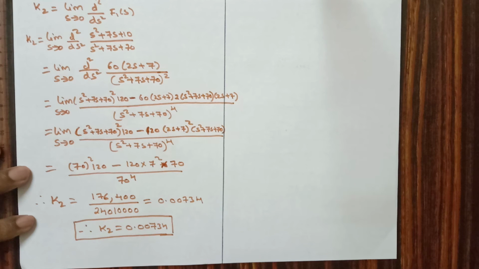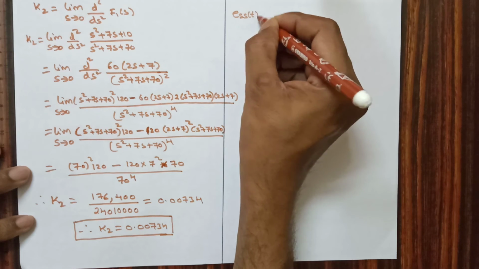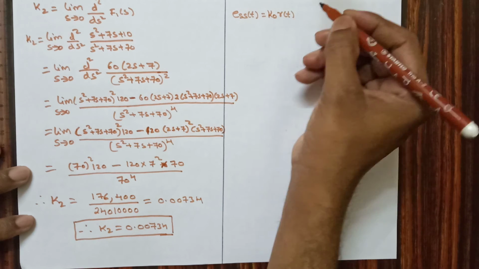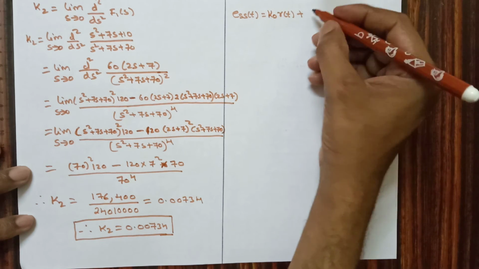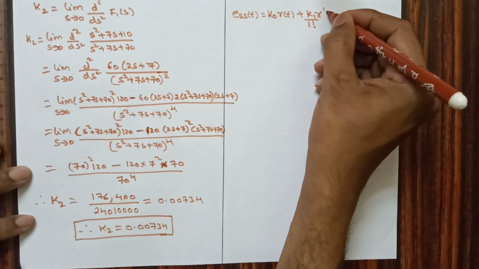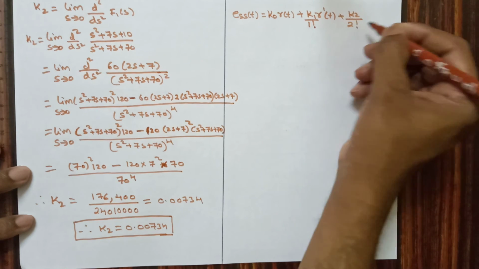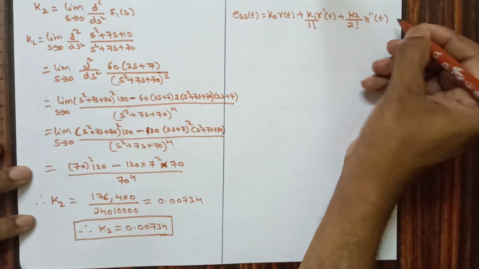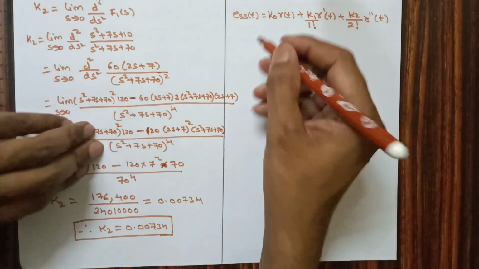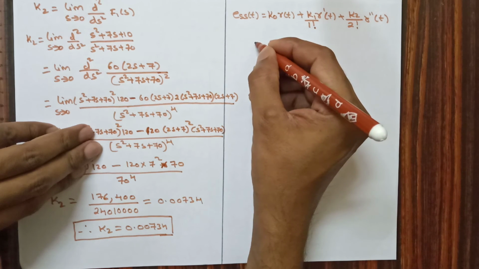Now we are going to substitute this in the formula, and we know the formula: ESS of t is equivalent to K0 into R of t plus K1 by 1 factorial into R dash of t plus K2 divided by 2 factorial into R double dash of t. So in this we know the values of K0, K1, K2, which we have just calculated. I will write down those values here.